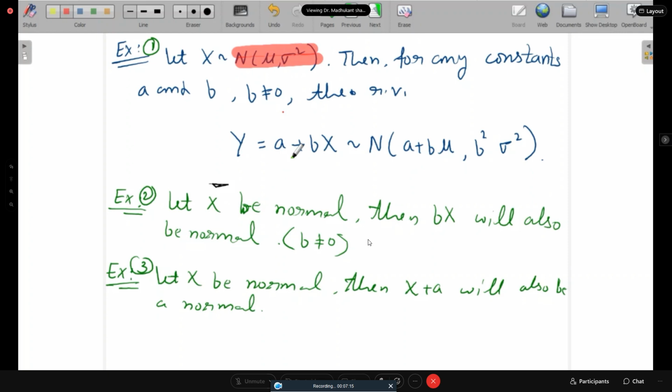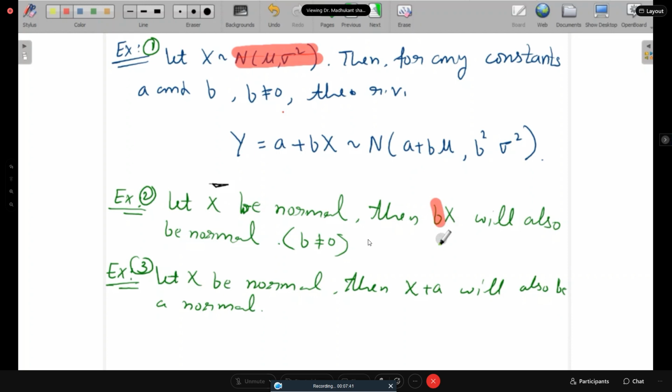It is very simple to observe that whenever b is any number between 0 and 1, there will be shrinking, and when b is greater than 1, then you will have an expansion of that bell shaped curve.